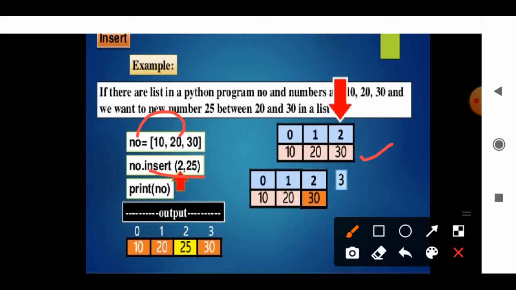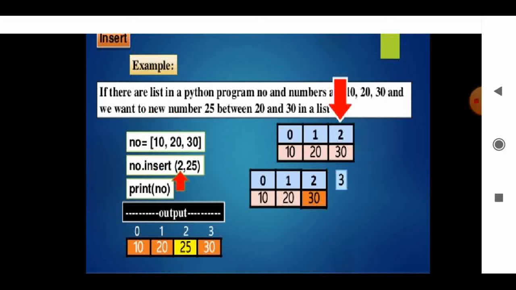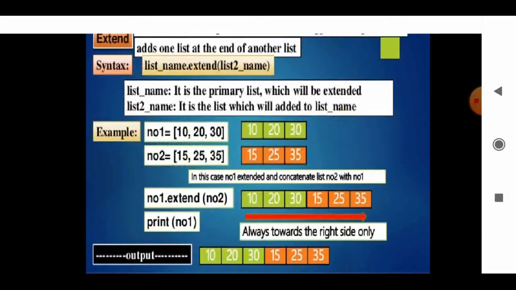After using this insert function, it will insert the value 25 at that index. Now you can print the variable NO, and it will display the result. The insert function has two arguments, index value and item.